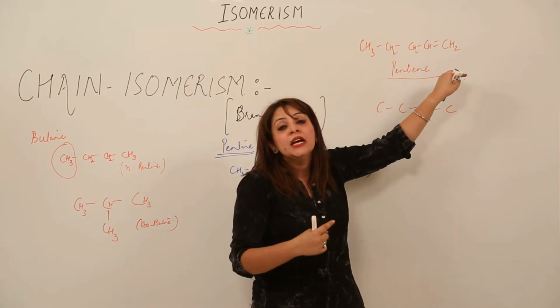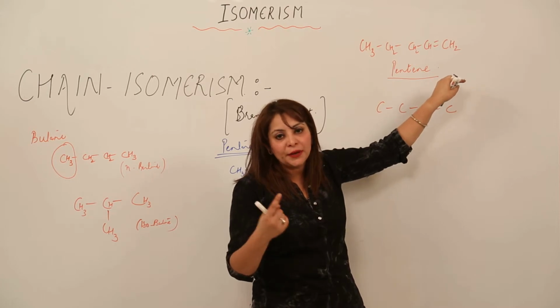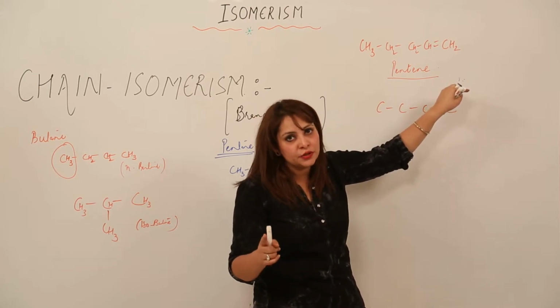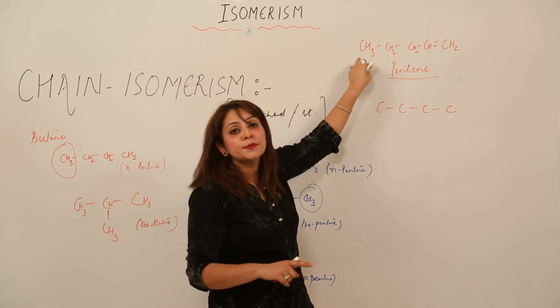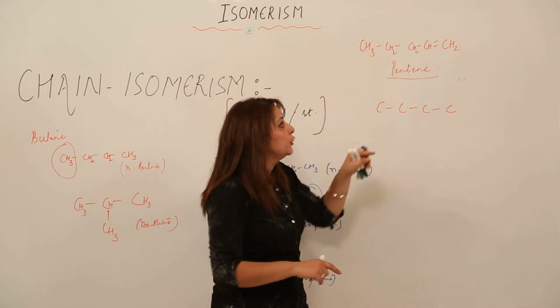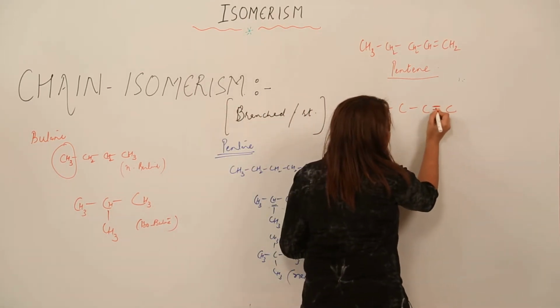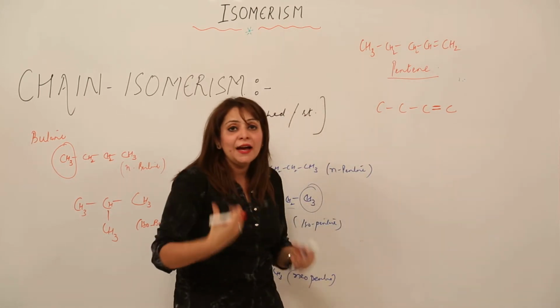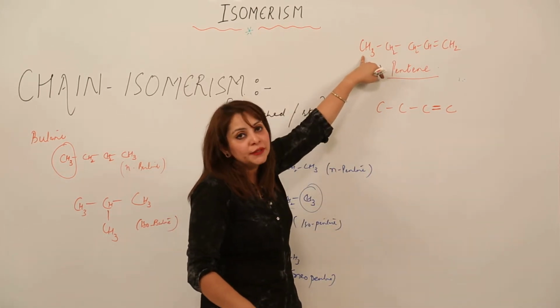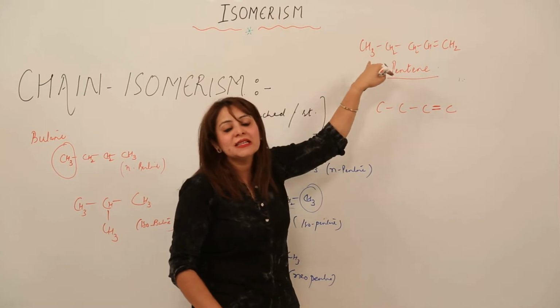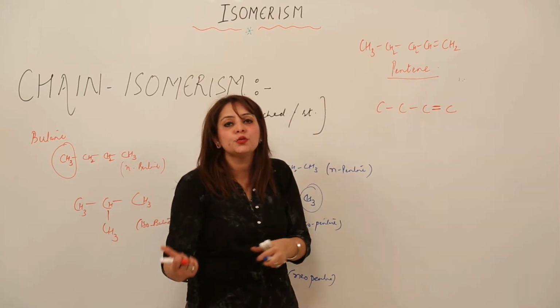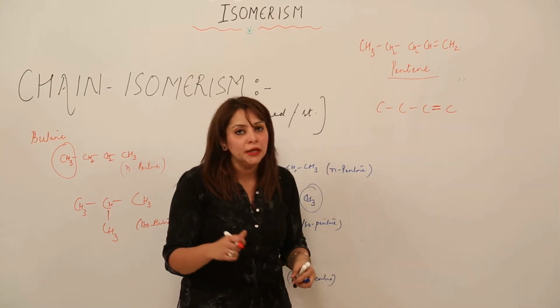Double and triple bonds serve as a primary functional group, so we cannot change their position, but we can change the position of the substituent, that is the methyl group. So I'm not going to change the position of the double bond, but I have the option to change the position of this methyl group. I'm just going to link this methyl group from the terminal position to a carbon at a non-terminal position.